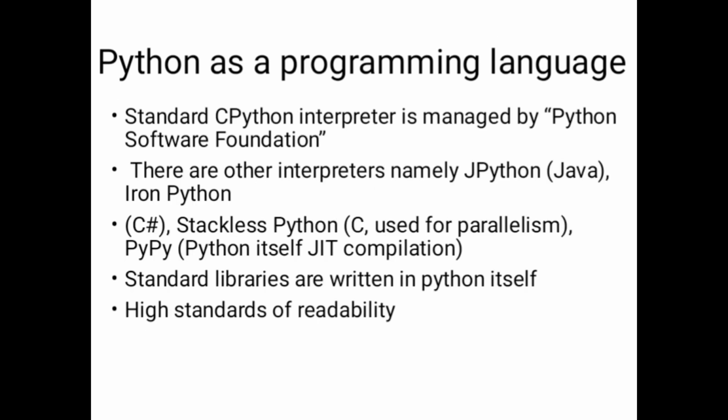The default Python interpreter is CPython, maintained by the Python Software Foundation. But there are other interpreters including JPython that runs on Java Virtual Machine, IronPython that runs on C#.NET, Stackless Python that is used for parallel computing, then PyPy that uses just-in-time compilation for faster execution.